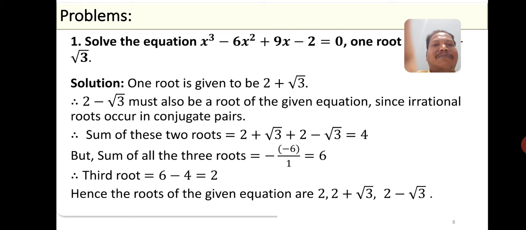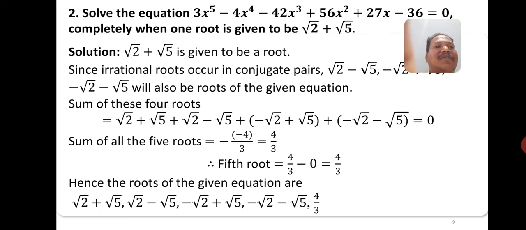Therefore, sum of these two roots equals 2 plus root 3 plus 2 minus root 3. After simplification, we get 4. But sum of all these three roots equals minus of minus 6 by 1, we get plus 6. Therefore, the third root equals 6 minus 4 equals 2. Hence, the roots of the given equation are 2, 2 plus root 3, 2 minus root 3.